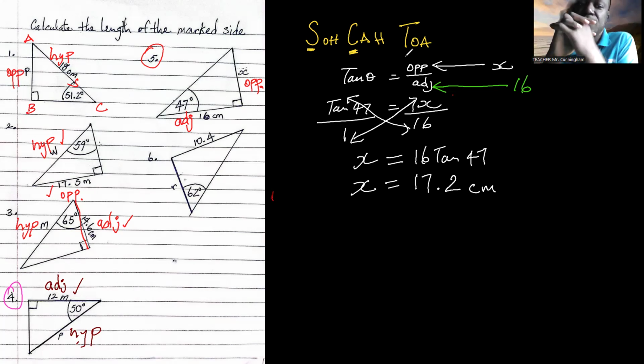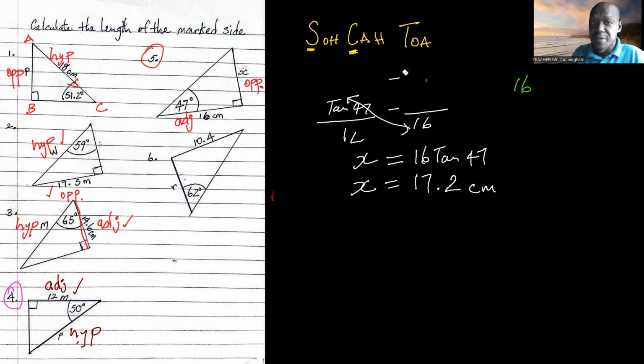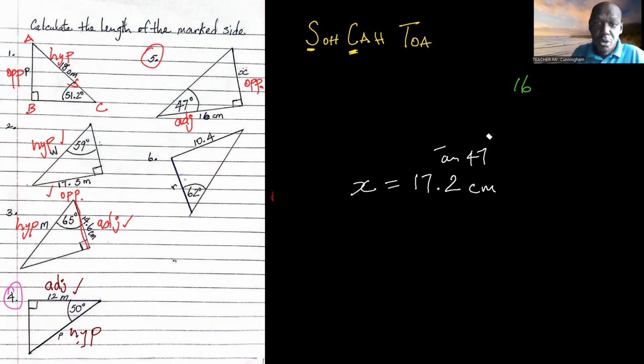So the last question, question 6, people. What rule are we using? Let's speed it up. Ezekiel, what rule are we using for question 6? You're going to name the sides for me. So go ahead, Ezekiel. Oh, sorry. Hold on.